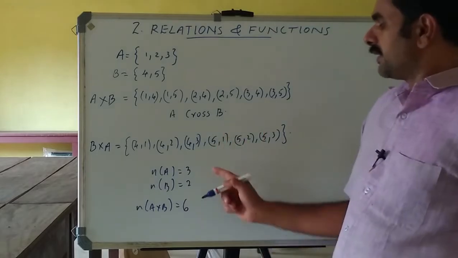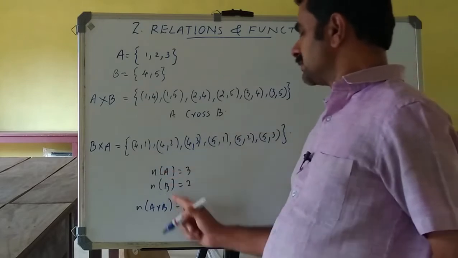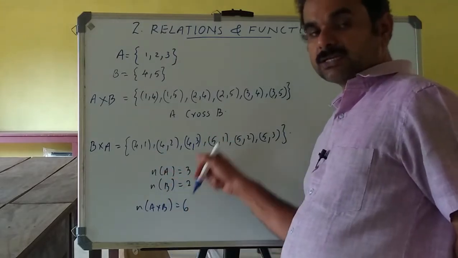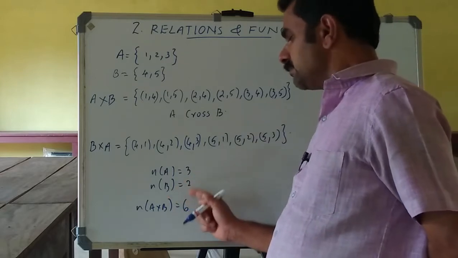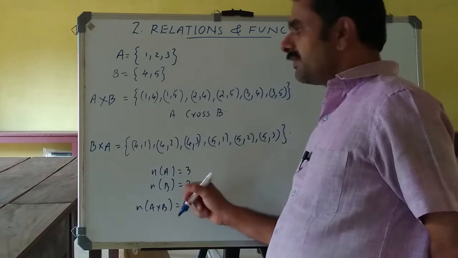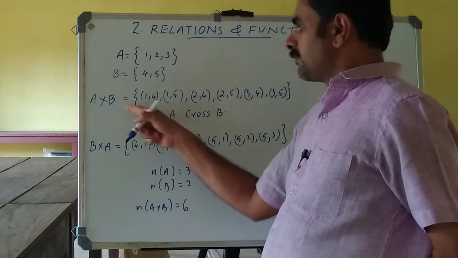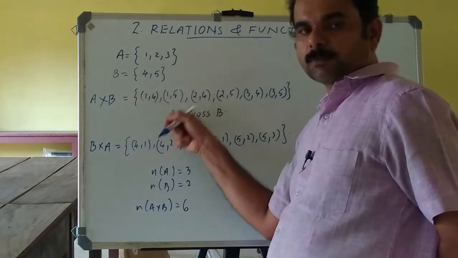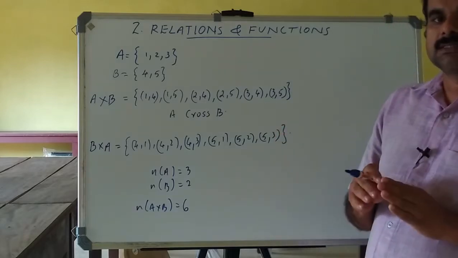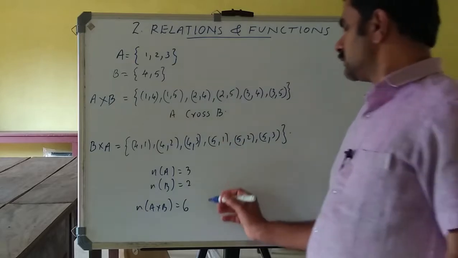Then how do we define a formula to find the number of elements in A cross B? Number of elements in A cross B is equal to number of elements in A into number of elements in B. That is why we are taking this type of symbol here, cross or into symbol. Because the number of elements in A cross B is obtained by multiplying the numbers of elements of these two sets, capital A and capital B.